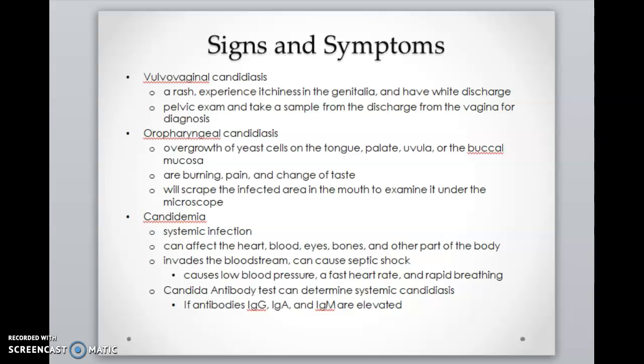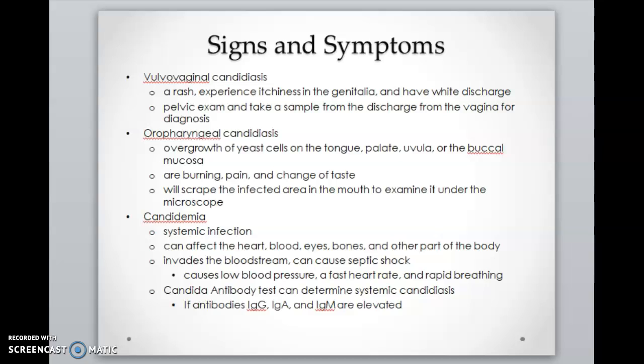And then candidemia, it's a systemic infection. It can affect the heart, blood, eyes, bones, and other parts of the body. When it invades the bloodstream, it can cause septic shock, and symptoms would be low blood pressure, fast heart rate, and rapid breathing.